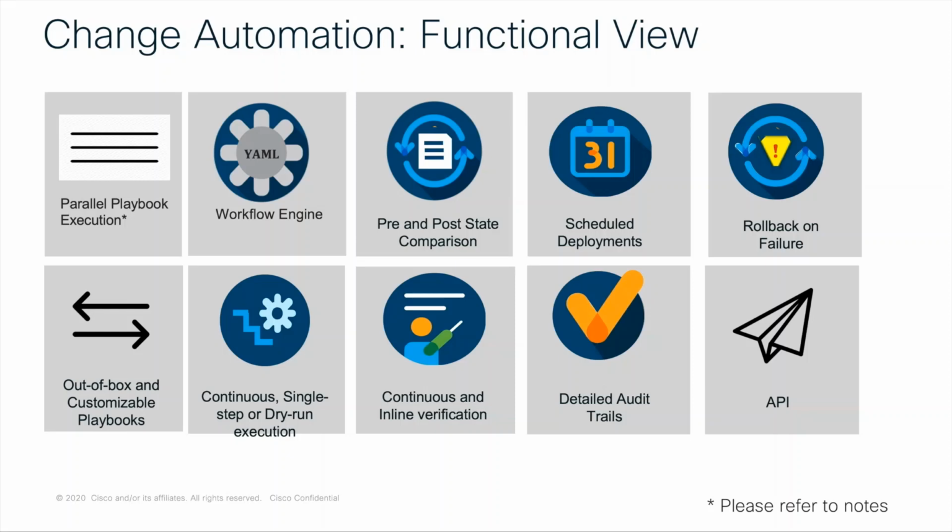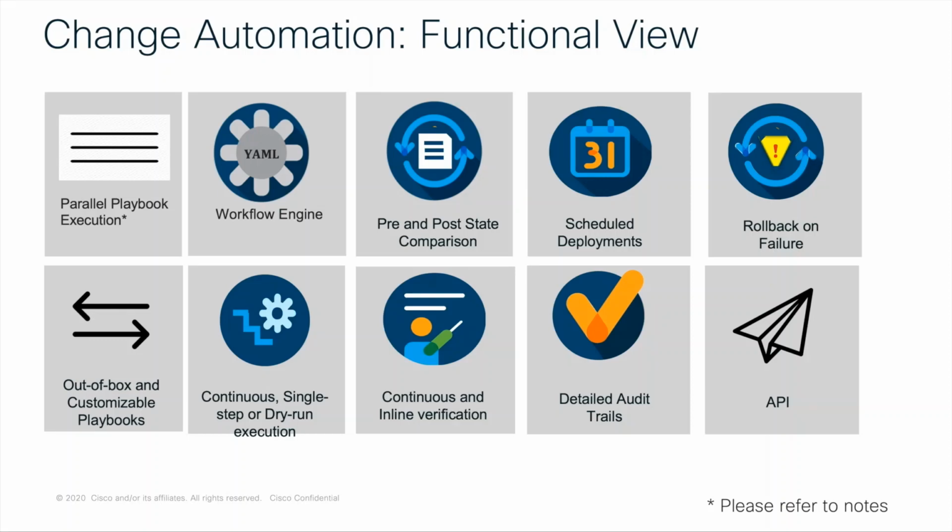What are the change automation features? It helps you do parallel playbook execution, so you can execute the same playbook on 10 routers at the same time. You can trigger it off and leave it there. As mentioned, it's an API based ecosystem, so you can trigger all the playbooks using APIs. We have a workflow engine.